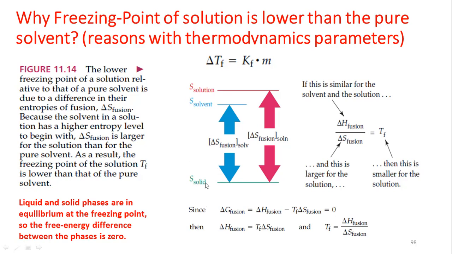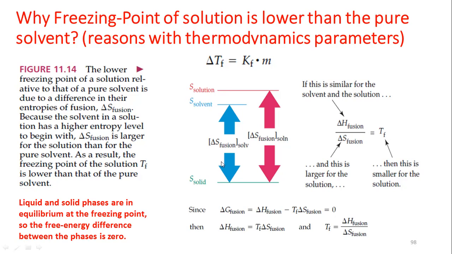Then when the solid is converted into liquid, it may be a solvent, and the solvent has less entropy as compared to the solution, because there is less randomness. When you prepare a solution or dissolve a solute into the solvent, the randomness increases. That's why the solution has more randomness as compared to the solvent.